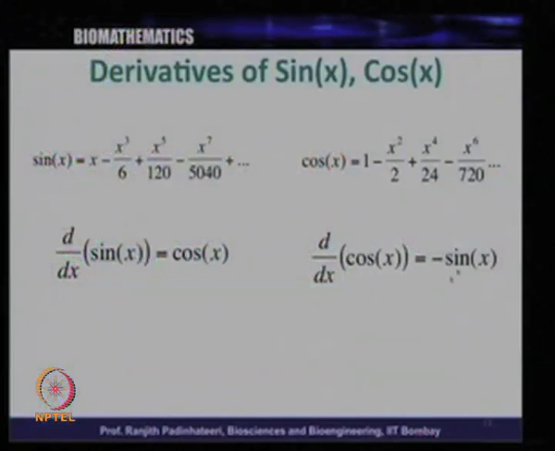First, you find individual derivatives and sum them, and the other rule is that the derivative of x power n is n x power n minus 1. If we use these two rules, we can find the derivative of sin x and cos x, and you will see that the derivative of sin x is nothing but cos x, and the derivative of cos x is minus sin x.